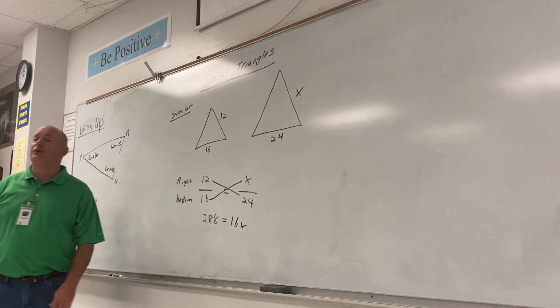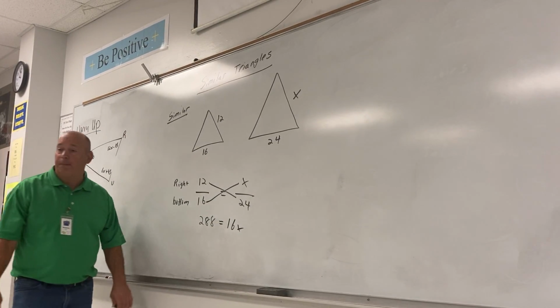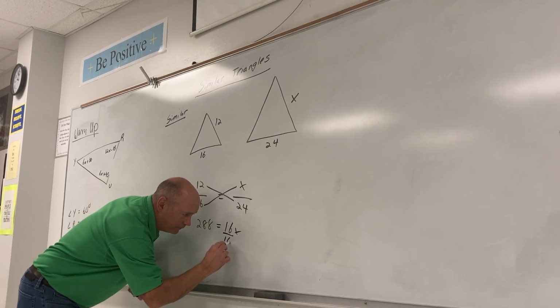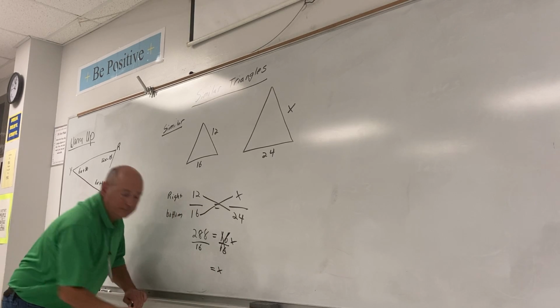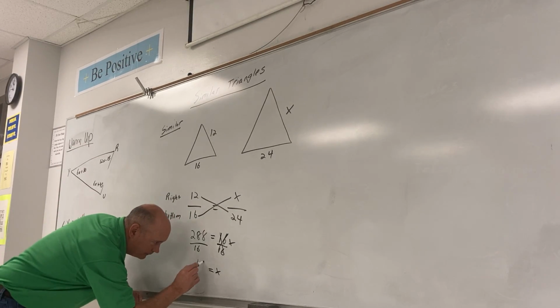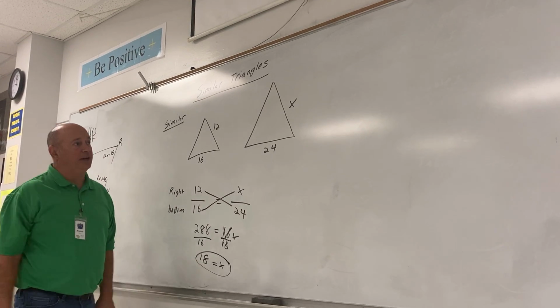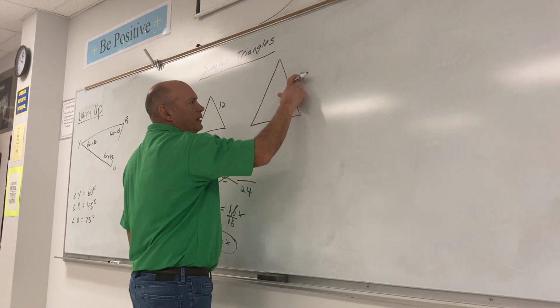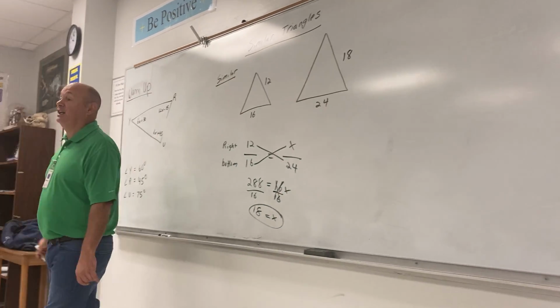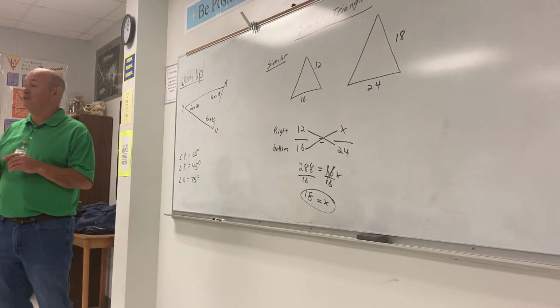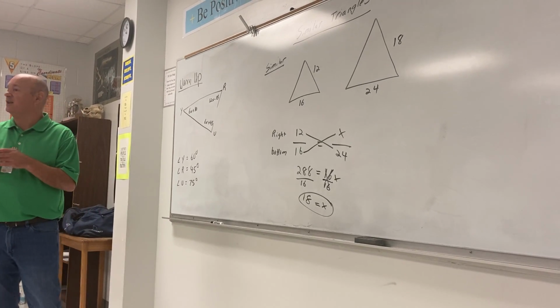And what do we need to do? Divide by 16. And what do we get? 18. 18 is the X value. So some of them you'll be able to do in your head. I made the scale factor here 1.5, and it tripped up Zach because it wasn't an easy number.